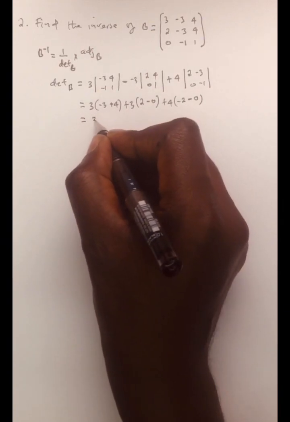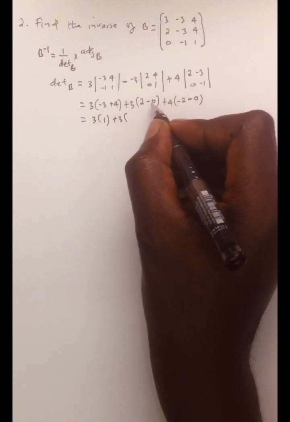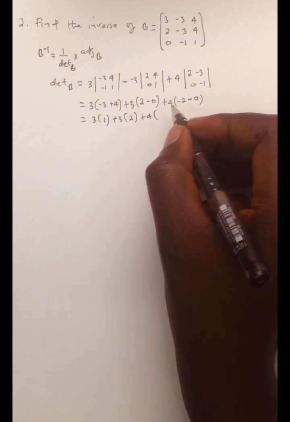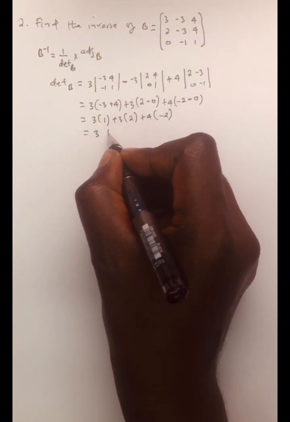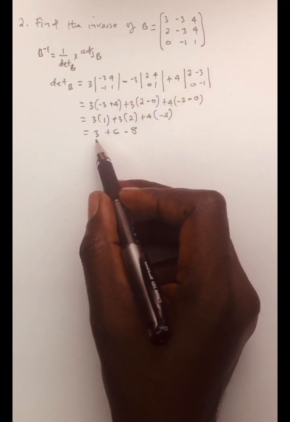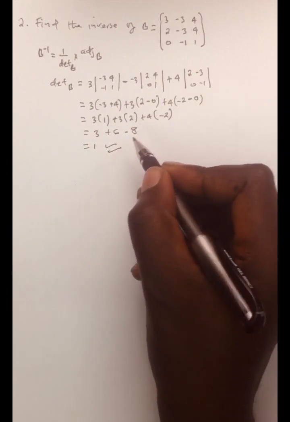So we have 3 into 1 plus 3 into 2 plus 4 into negative 2. So that is 3 plus 6 minus 8. So that is 9 minus 8, which is just 1. So that is the determinant of B.